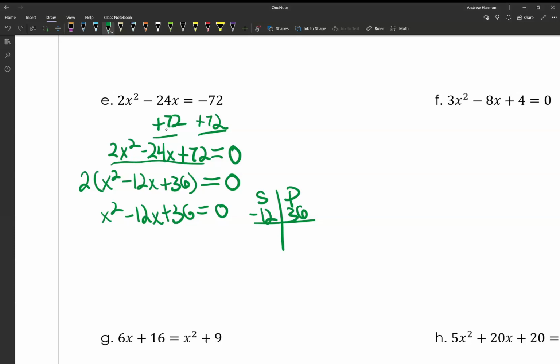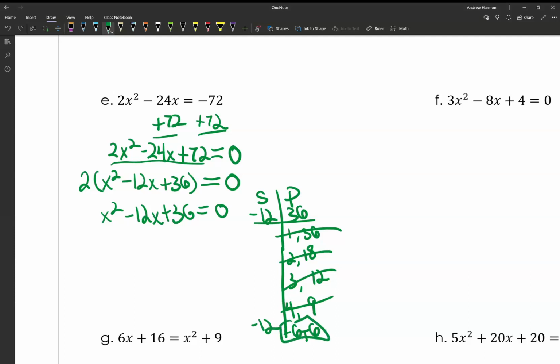You can do 1 and 36, 2 and 18, 3 and 12, 4 and 9, 6 and 6, and I think that's all. So if we look, the only one that would also give me a 12 is negative 6 and negative 6. So that is our factor pair.